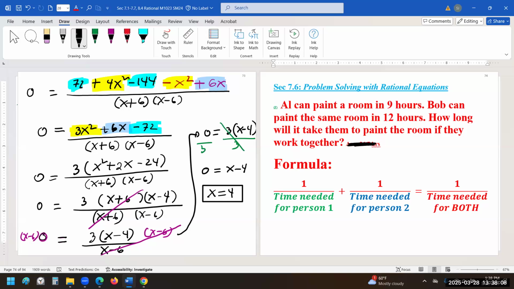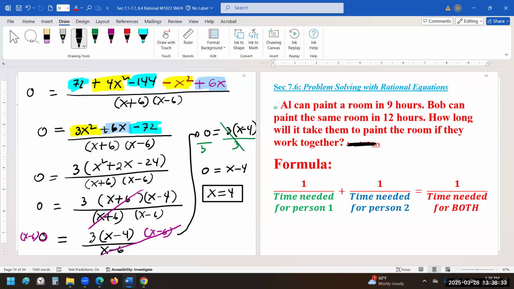One of them works fast. He can paint your room in 9 hours. The 9 hours is a bit long, but still, let's say a big house. He's painting a big house in 9 hours. And then the second worker you hired, he was lazy. He painted your house in 12 hours.